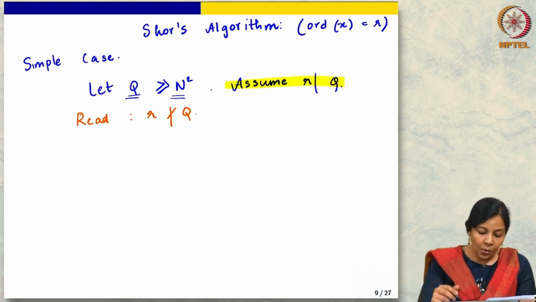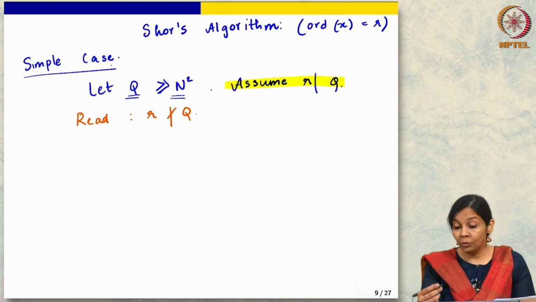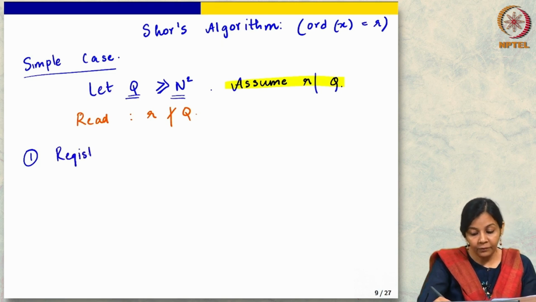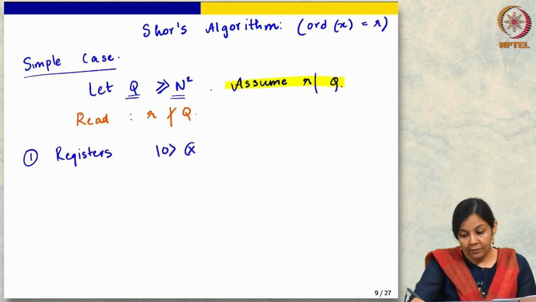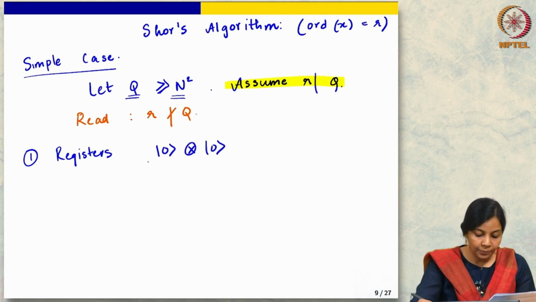The algorithm itself is very simple, similar to what we have seen already. You start with registers 0 tensor 0, which could be sufficiently long.